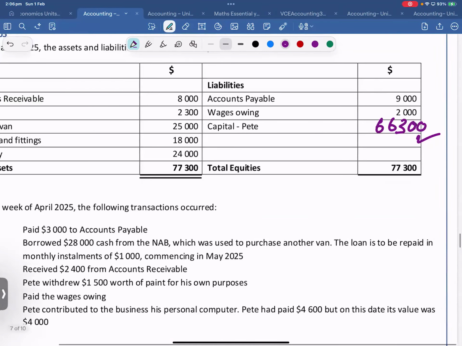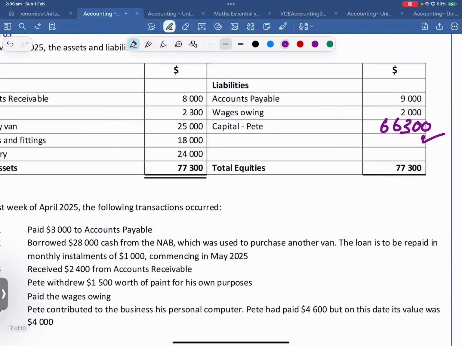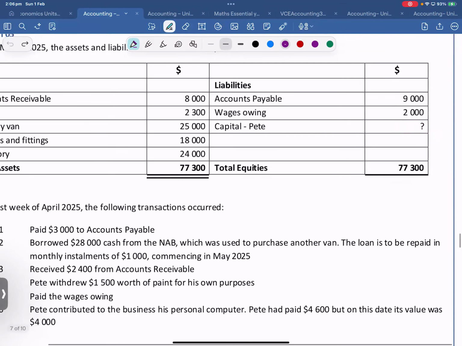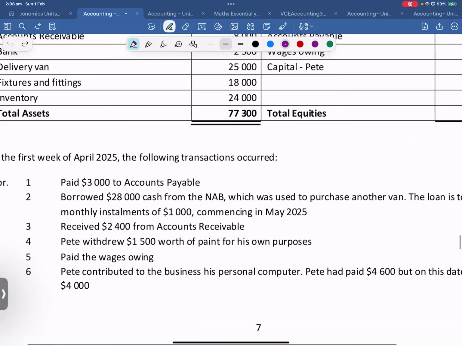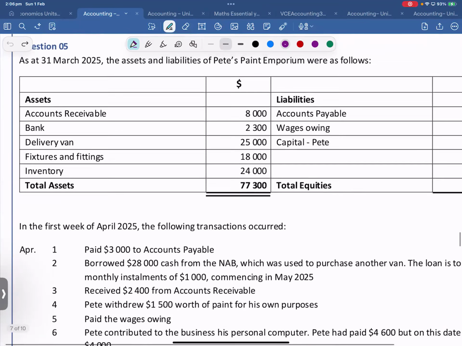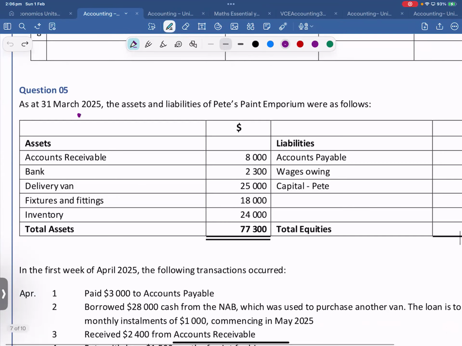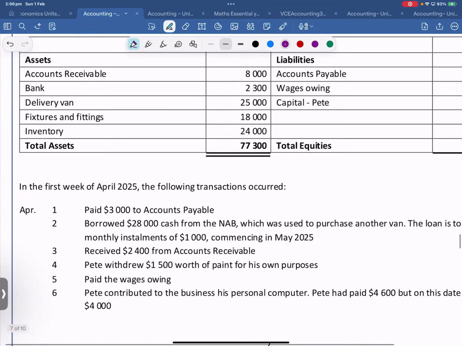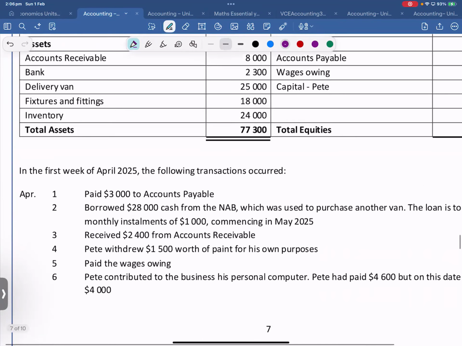Now there is a method in doing this one. Right. Now this method I'll show you. See, on 31st March 25, Pete's Emporium had these items as this.